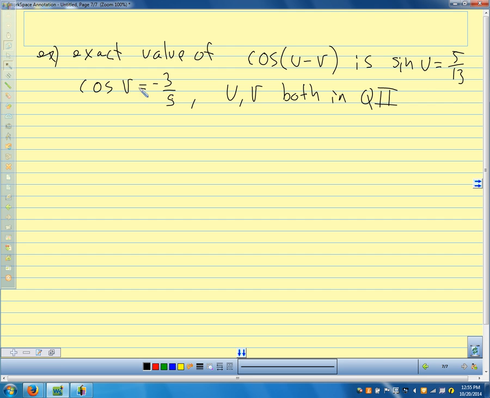Very good. And if I know cosine v is -3/5, how do I find sine v? Draw a triangle, find the missing side, use the Pythagorean Theorem, and then you can find the sine of that angle. So we need to draw two triangles. So here's my V triangle.